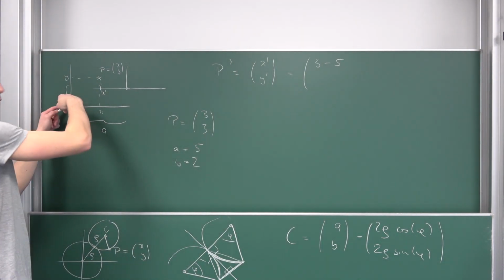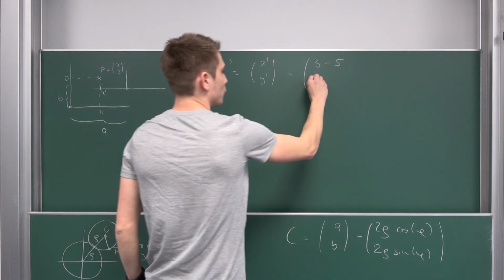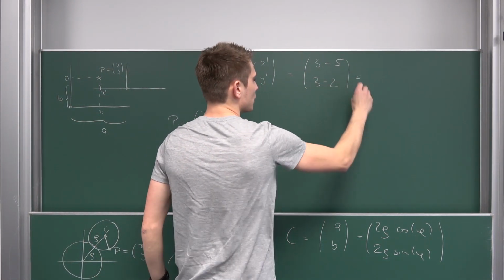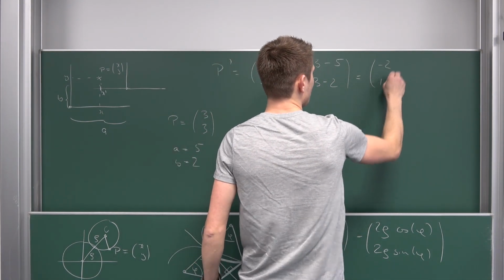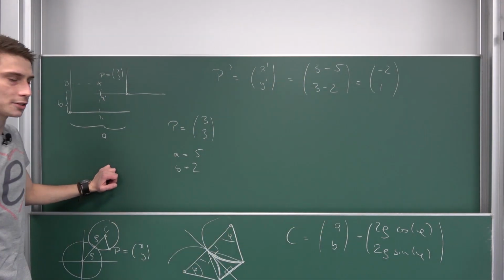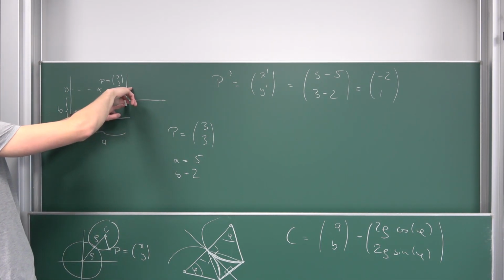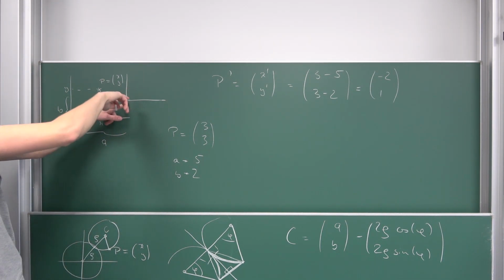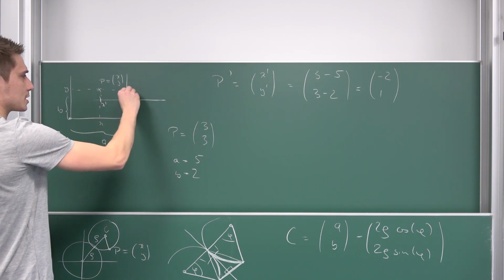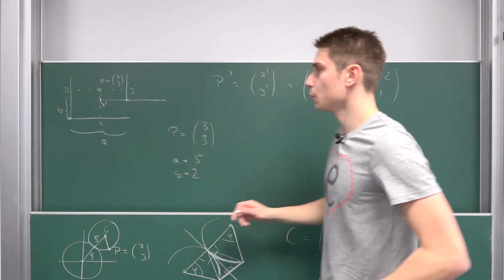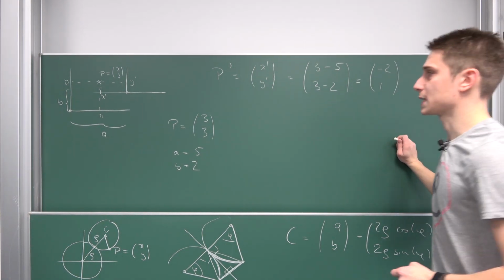And the same spiel with this shift in B. So 3 minus 5, and 3 minus 2. Then we are going to end up with -2 and 1. So this is just something intuitive you can actually find out. So you see our y prime coordinate is going to be somewhere in the positives up here. So that actually works out. And this is how it's always working with translations.